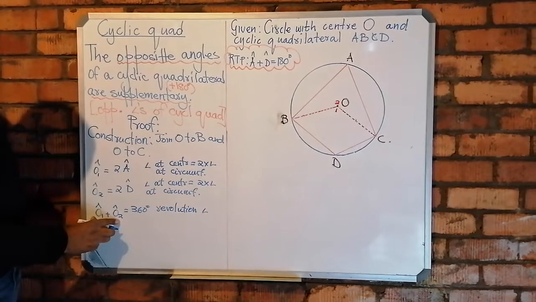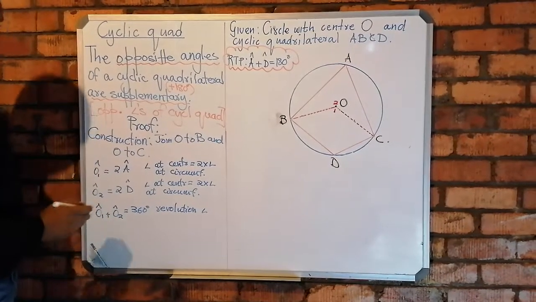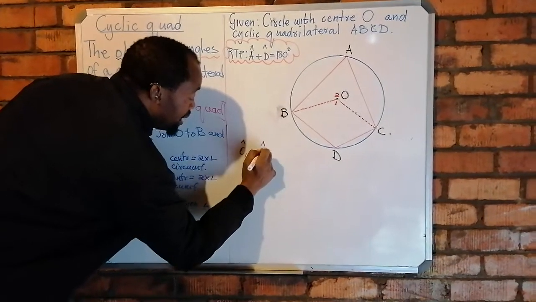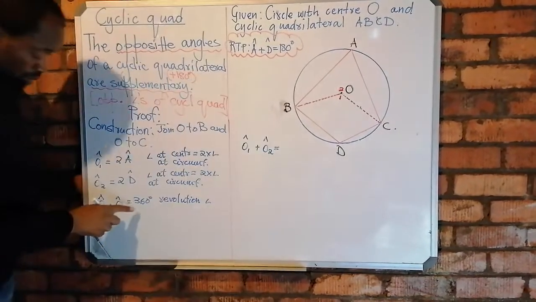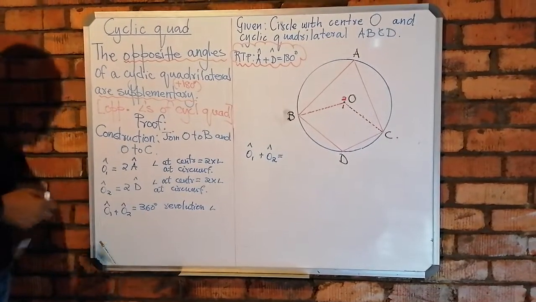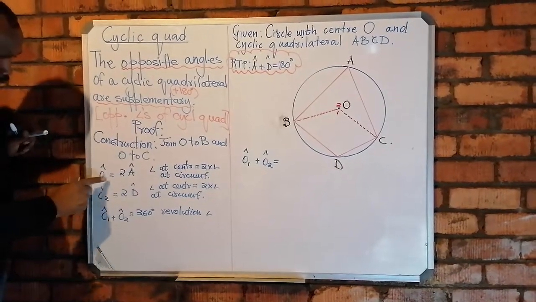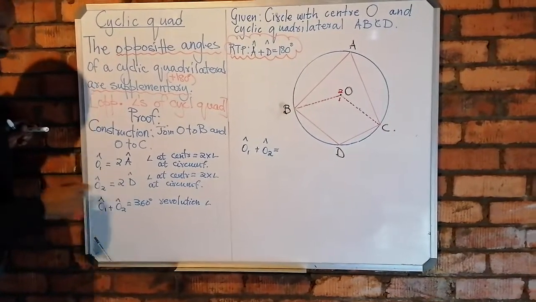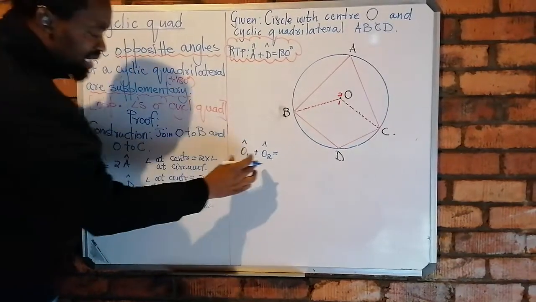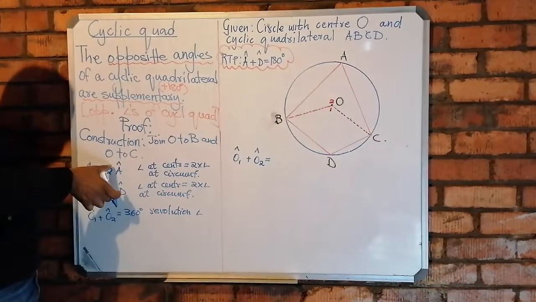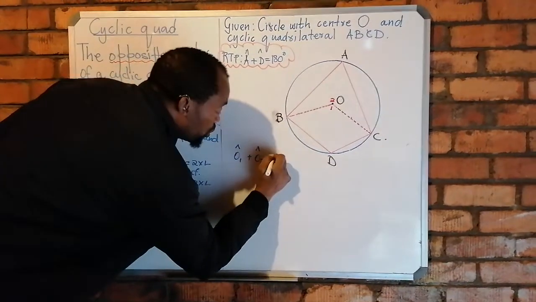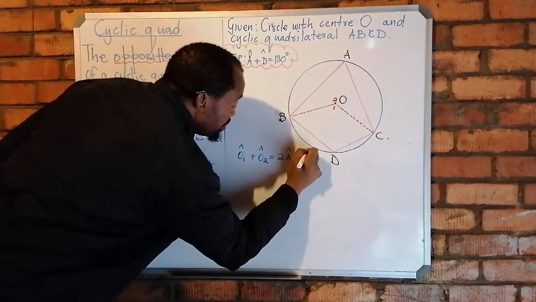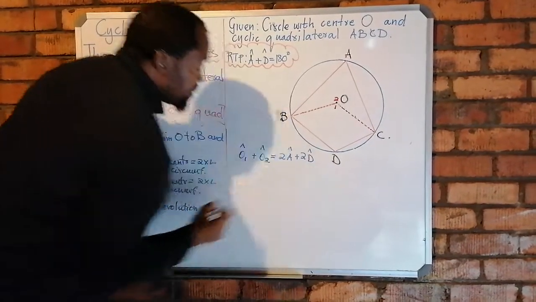Because I have said angle O1 plus angle O2 is equal to 360. Now let's look at this. If angle O1 is twice angle A and angle O2 is twice angle D, isn't it that if we add these two, it is the same as adding these other two? That's it.